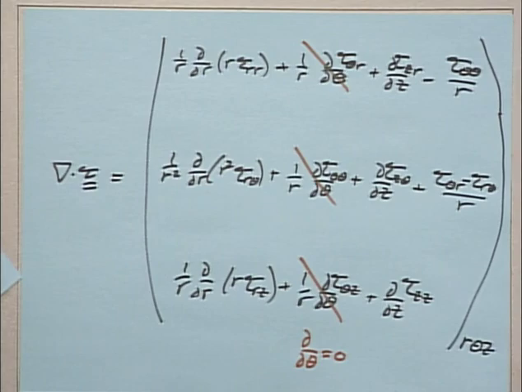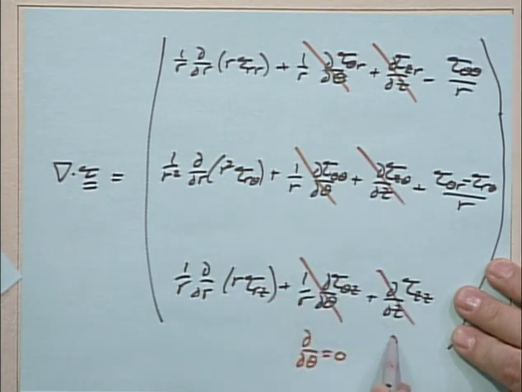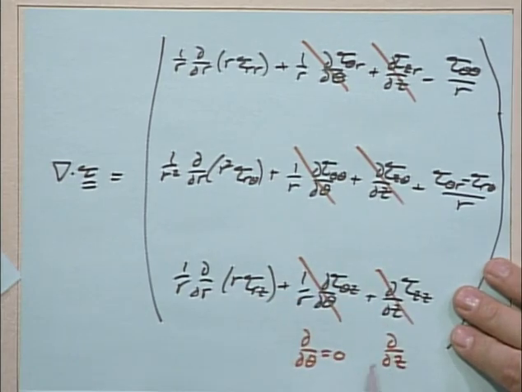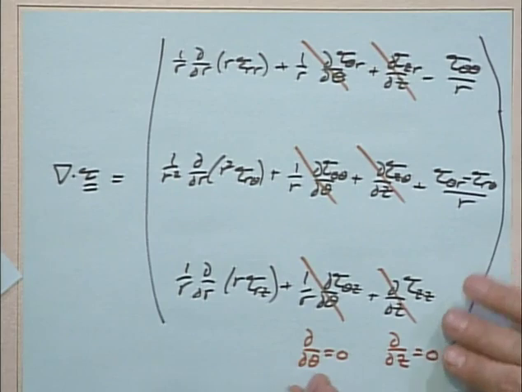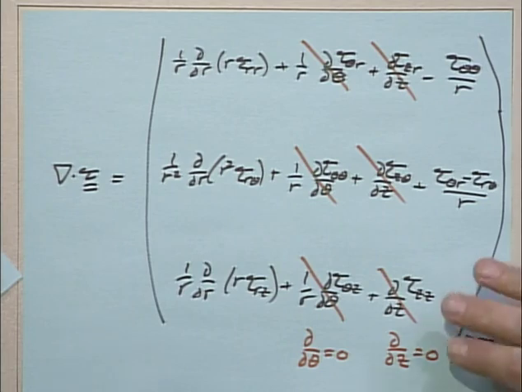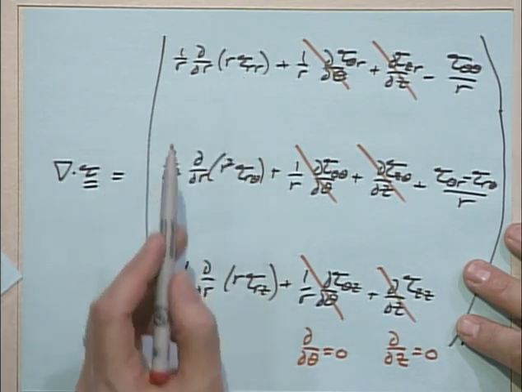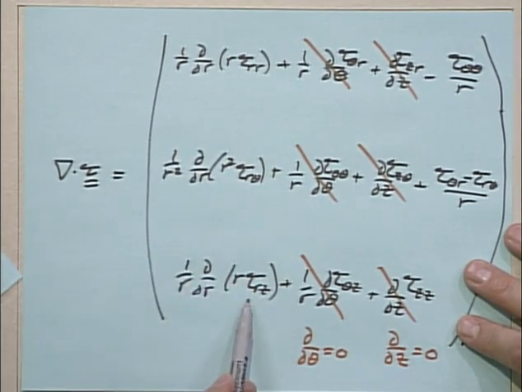We also assumed that it was a very long tube and that there would be no z variation. So those go too. So we didn't need to know much about the stresses yet, because all we are asking questions about is how the stresses vary in space. Okay, so these three have something to do with r variations of tau rr, tau r theta, and tau rz.